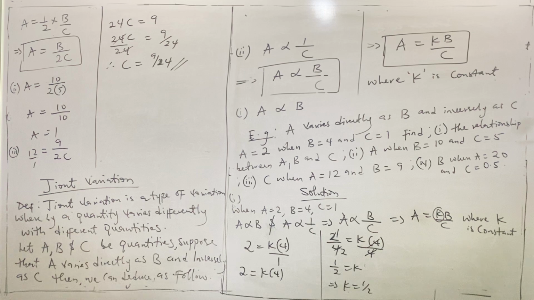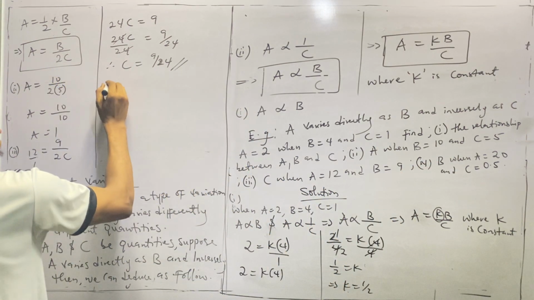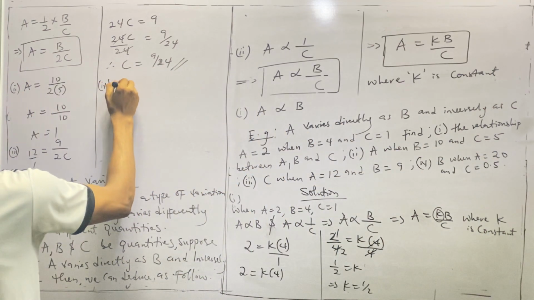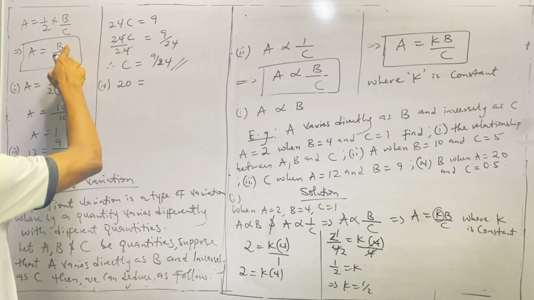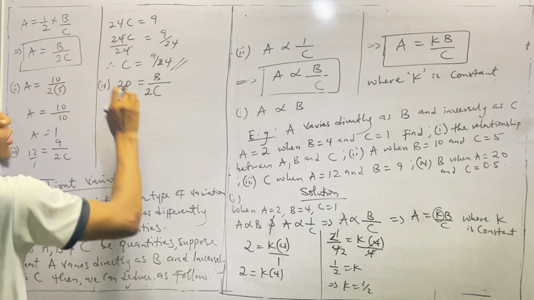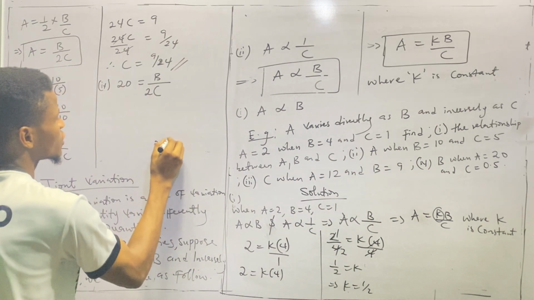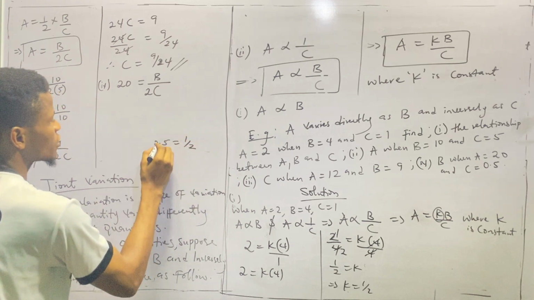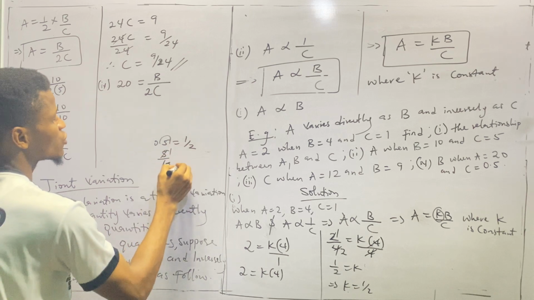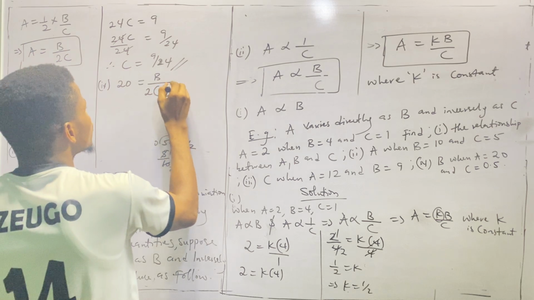Then the last but not the least, we find B when A is 20. So from the equation, A is 20, so 20 equals B over 2 times C. We are looking for B. Our C is 0.5, and 0.5 is the same thing as 1 over 2. So we can replace it with 1 over 2.